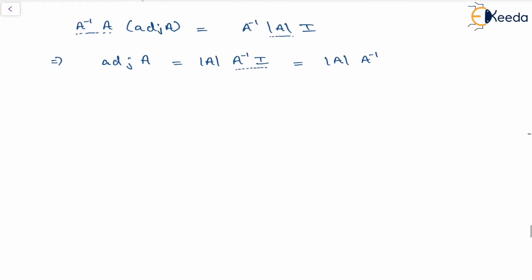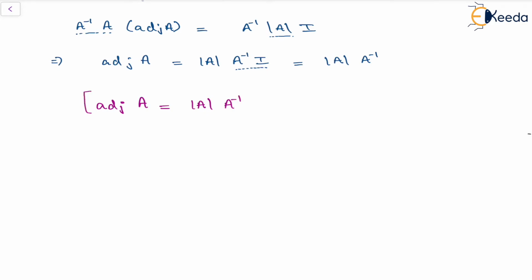So basically a small conclusion here, which we will be using further to prove the result, is adjoint A is actually determinant of A times A inverse.